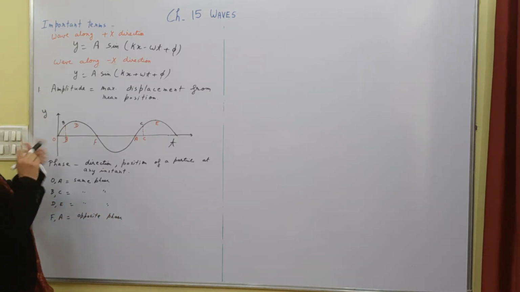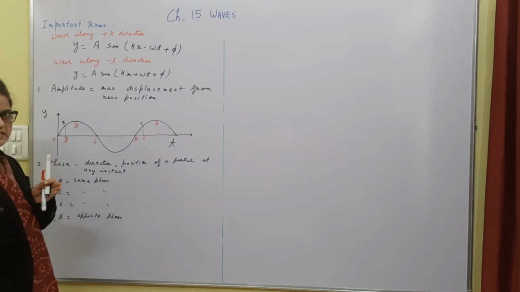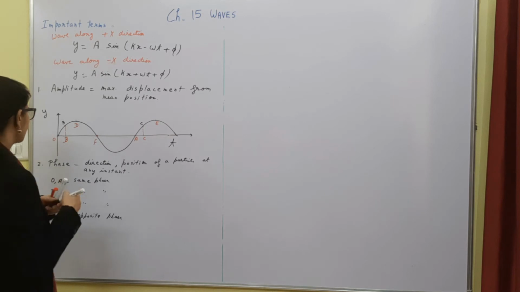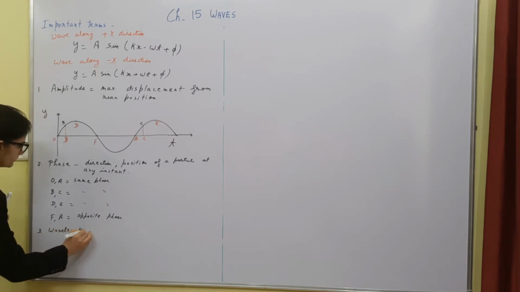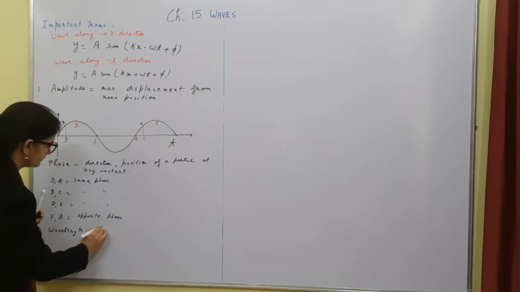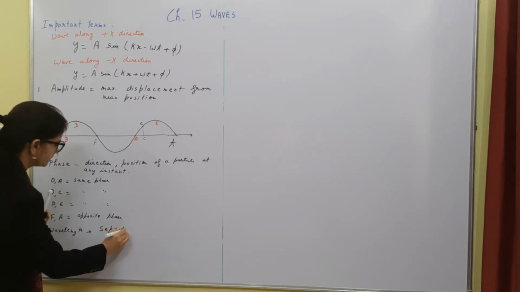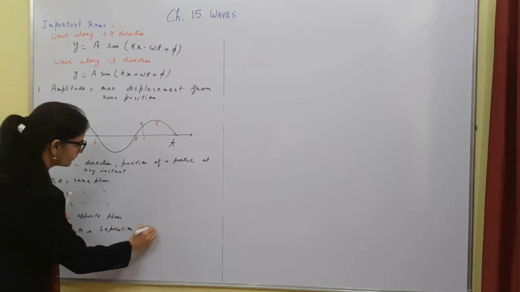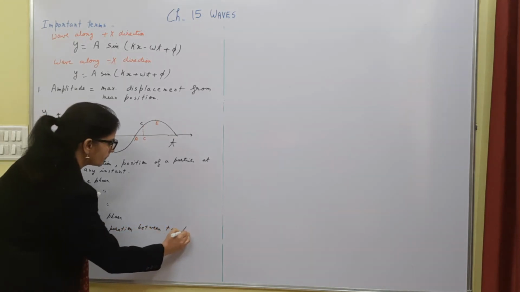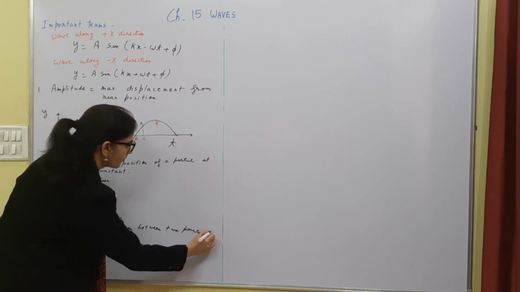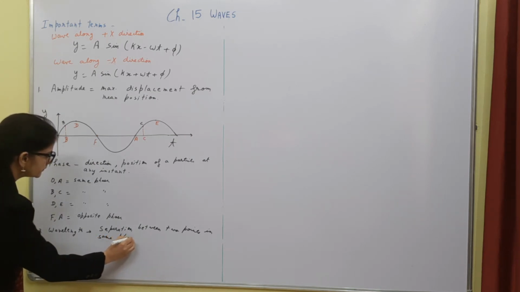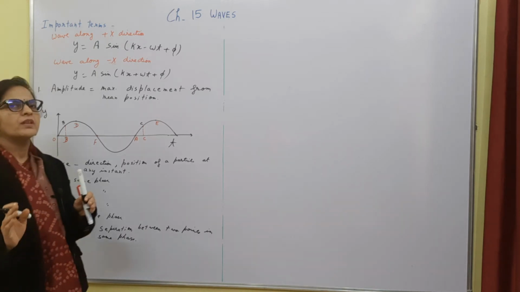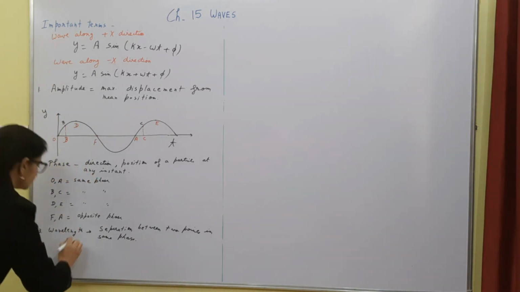Moreover, the separation between the points having same phase is called as wavelength. Or the other definition is the distance travelled in one oscillation.